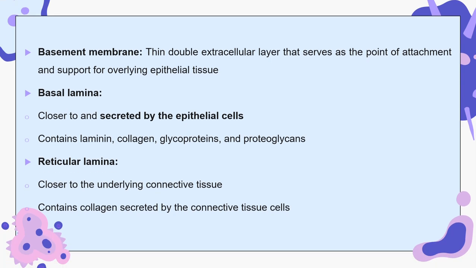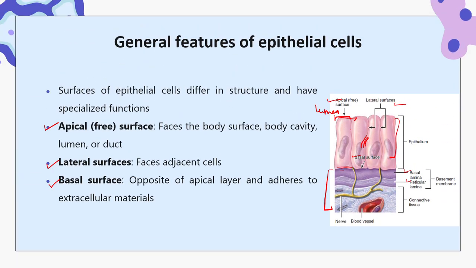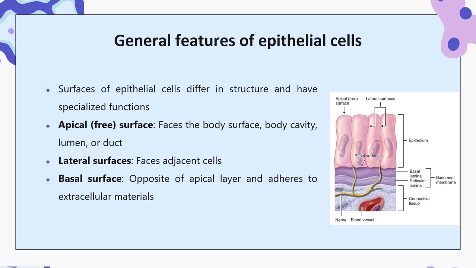The basal lamina is present closer to the epithelial tissue, and the reticular lamina is present towards the connective tissue which contains the blood supply.